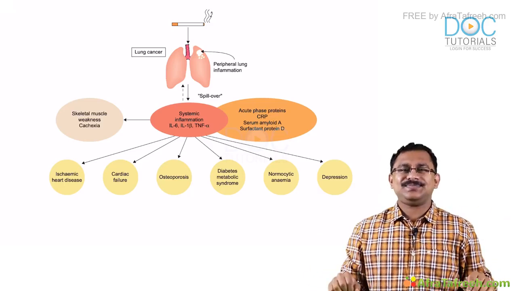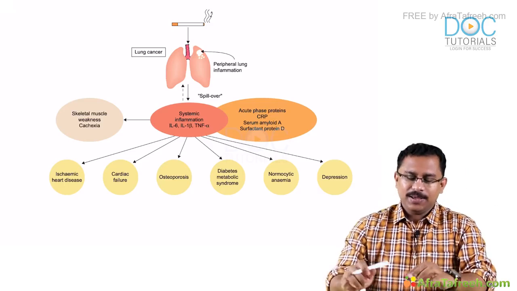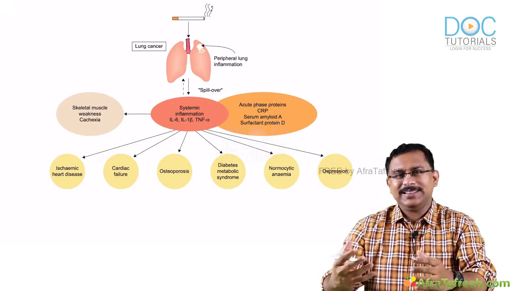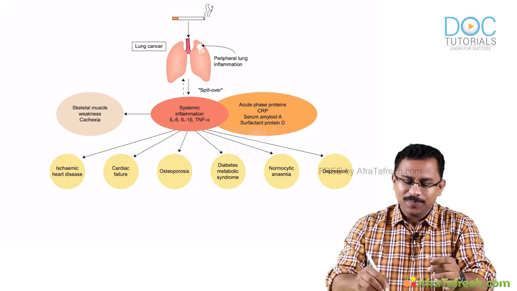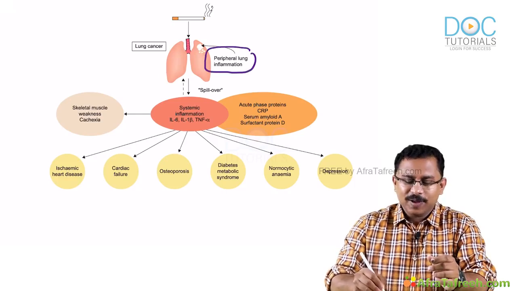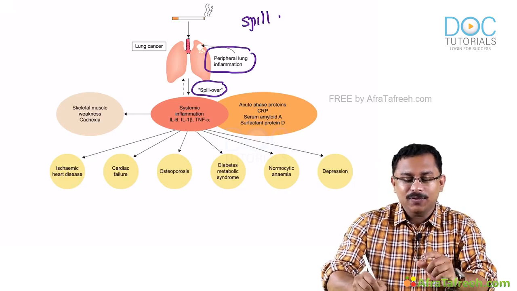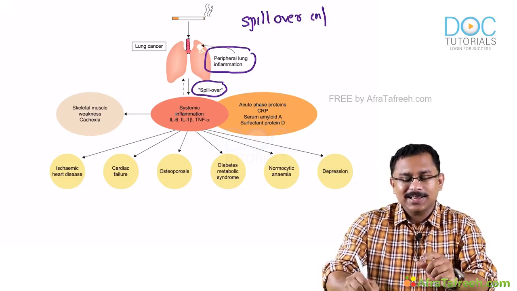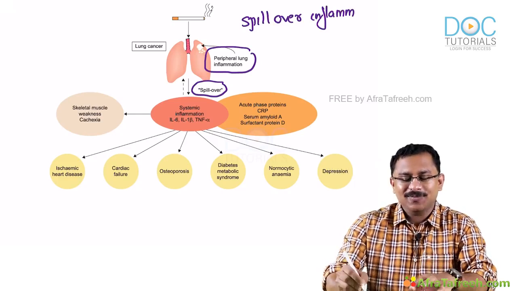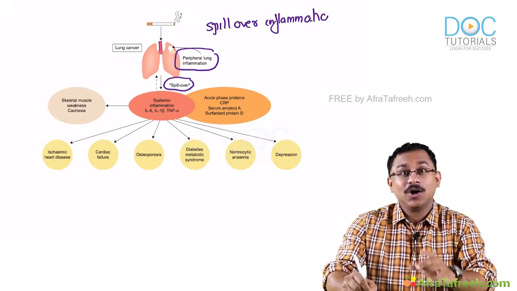That is my point. Okay, you see here, when there is inflammation in the lung that occurs in COPD, this inflammation will result in something that is known as spillover inflammation. Which means the inflammation will involve other organs as well, not just the lungs.